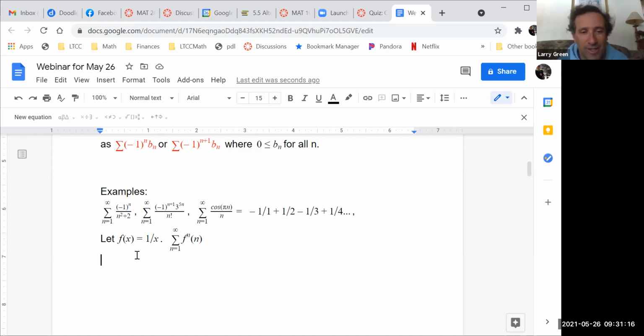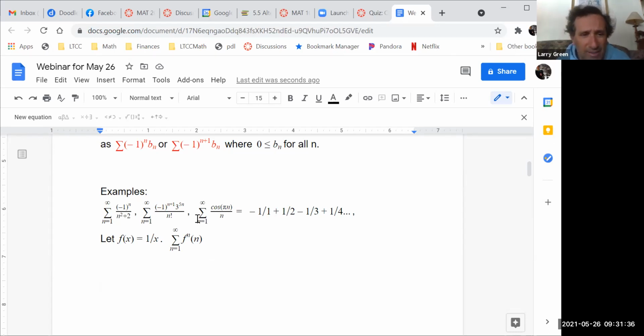The next derivative is going to be positive 24 over x to the fifth. And you'll notice that when you take derivatives of 1 over x over and over again, it goes positive, negative, positive, negative, positive, negative forever. And you're going to get an alternating series.